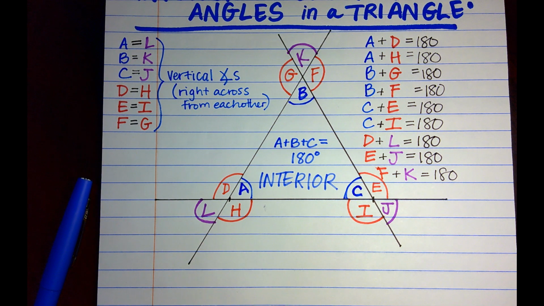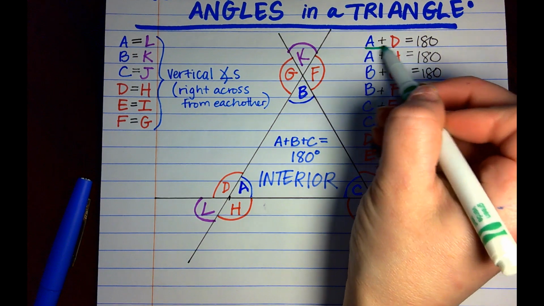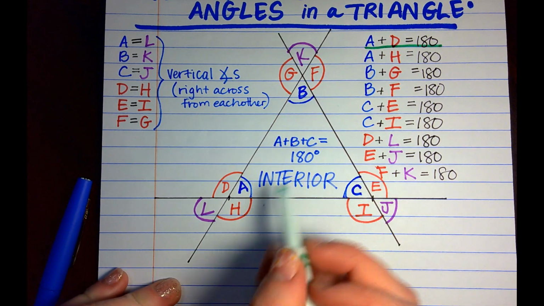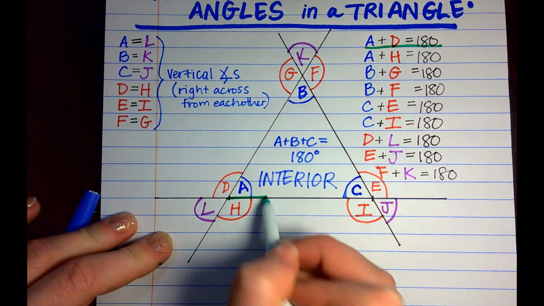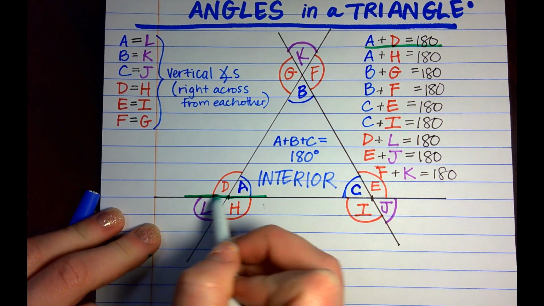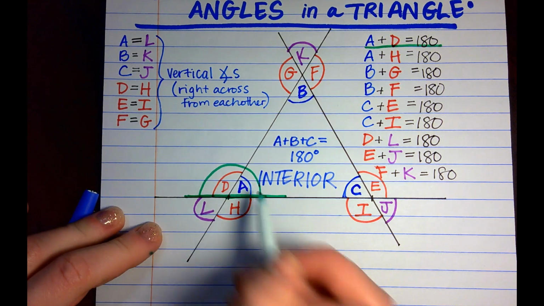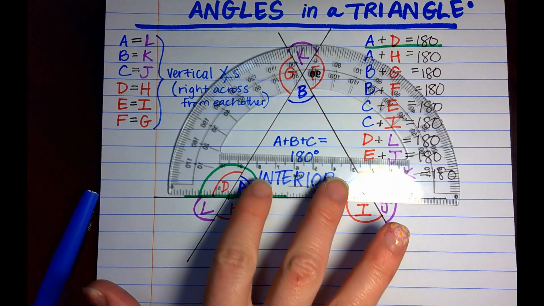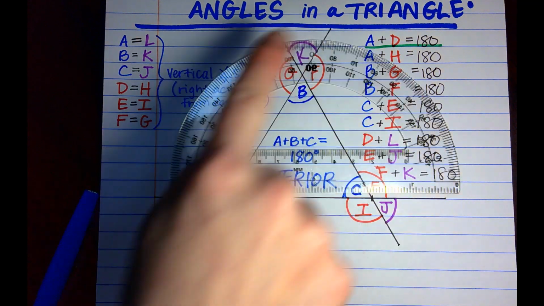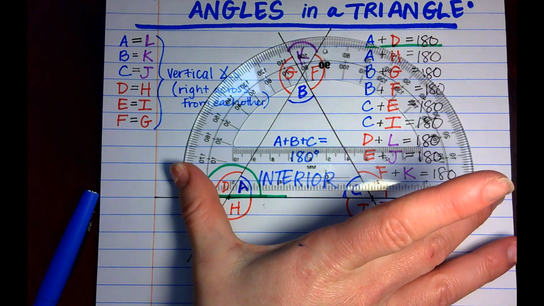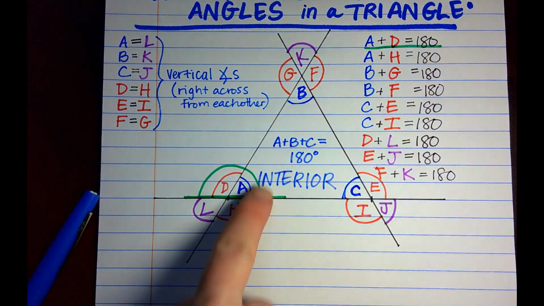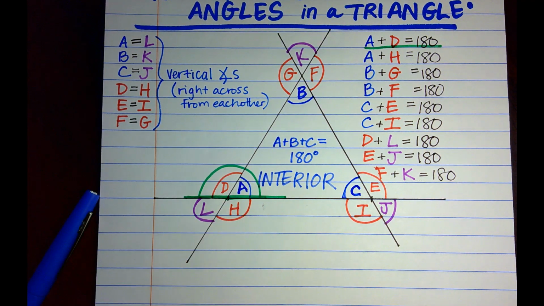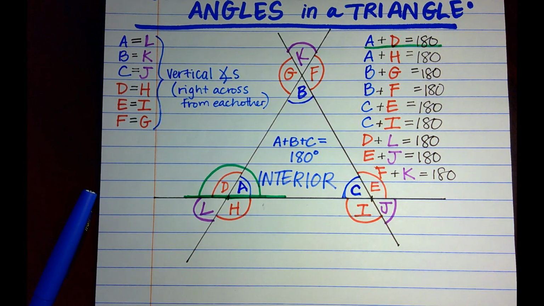So for example, in A plus D, here's A, here's D. Notice how they form a straight line, a half circle. If we look at a protractor, notice how it goes from 0 to 180 and it's a half circle. 180.